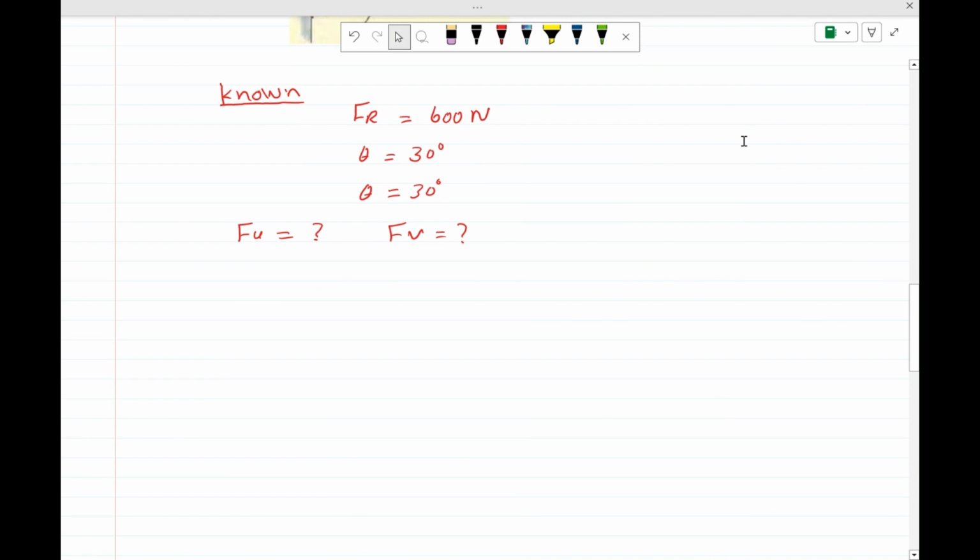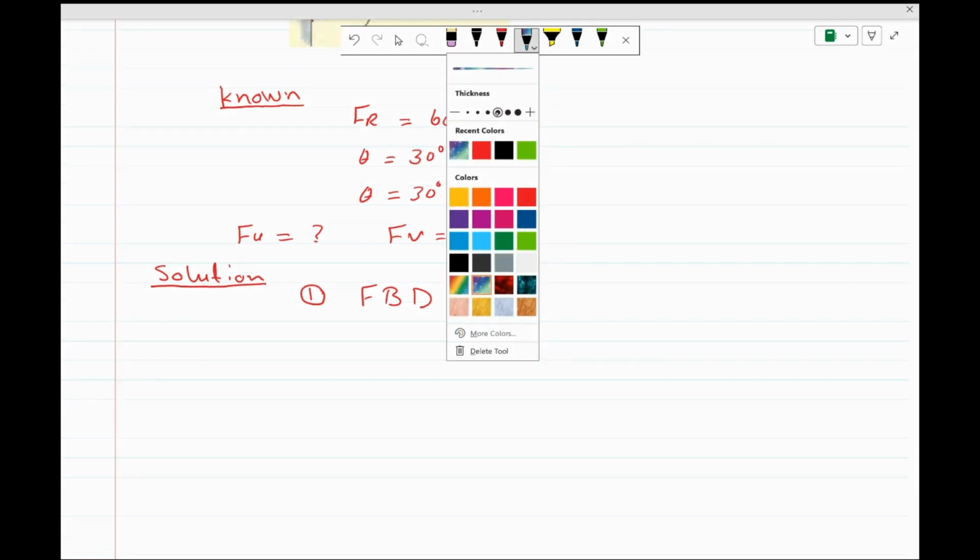First step in doing that solution, first thing is your free body diagram. In this case, I'm going to draw.